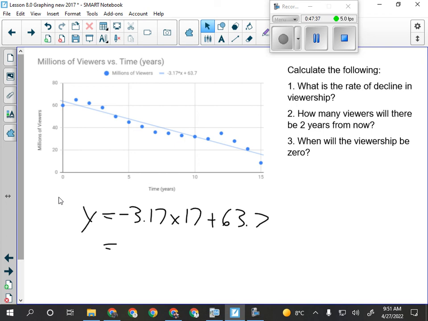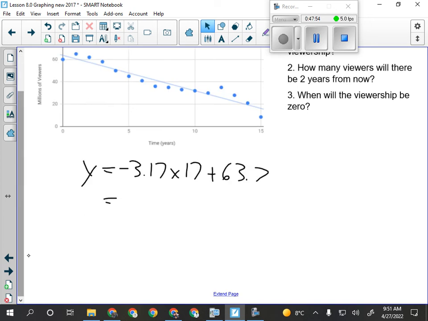When will the viewership be 0? Which axis is viewership on? The y-axis. So they're telling me when y is 0, what's x? We're looking for when will there be nobody watching according to this graph. So I want to calculate x, so that'll be y minus b over m.